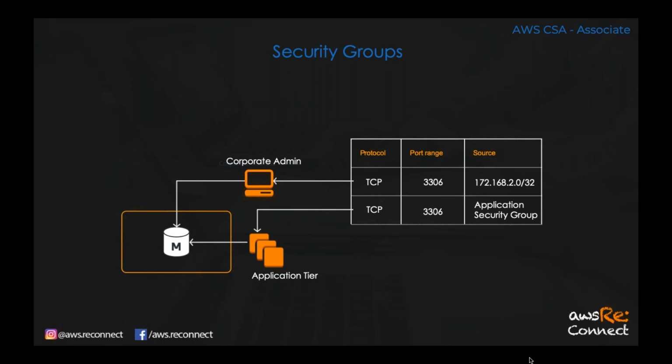Now, as these are two different services, you need to enable a security group. The port I said, 3306, is the port where this EC2 and this RDS are talking, similar to port 80 and port 22.